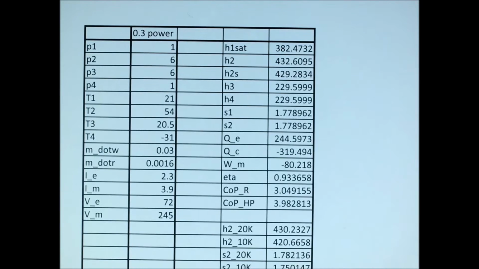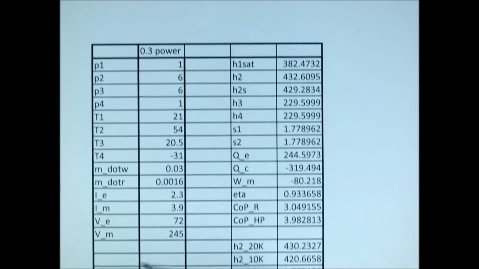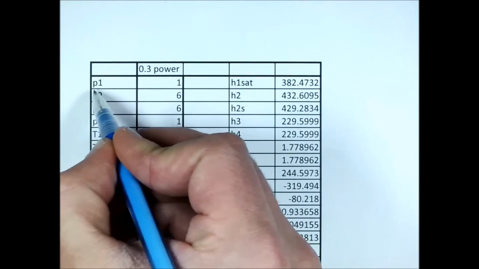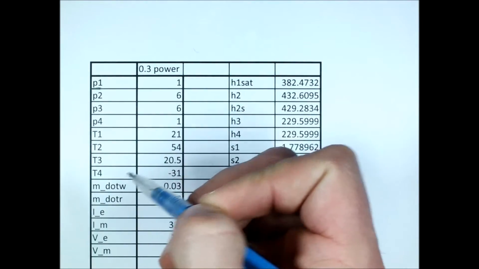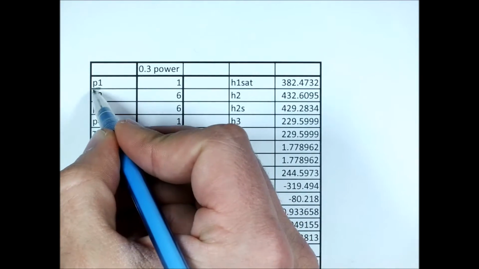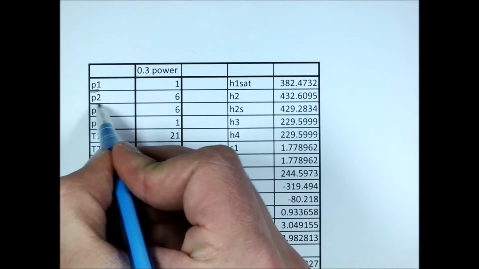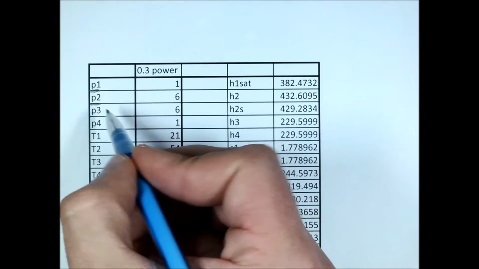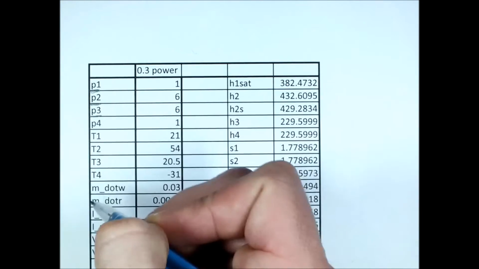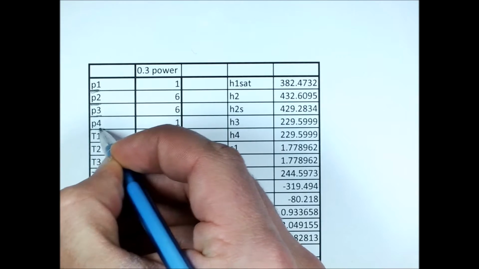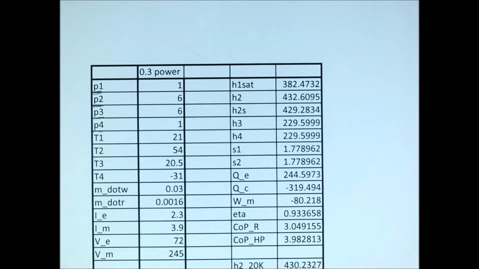These are a set of mock-up measurements from the laboratory unit, and let me show you what they mean. P1 is the evaporator pressure, or the pressure at evaporator level. P2 is pressure after compressor. P3 is pressure after condenser. P4 is pressure after throttle.